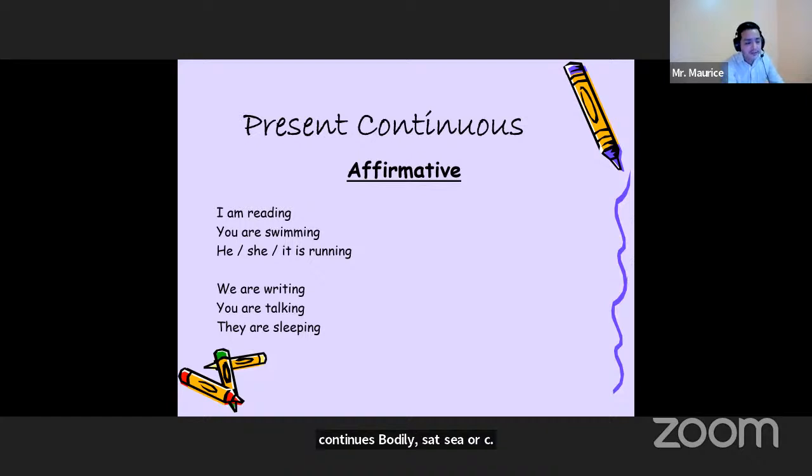Lo segundo que lo mencioné hace unos segundos atrás, pues, es el sufijo, el ing. En inglés se lo conoce como ing. Lo podemos ver en cada una de las oraciones. En la primera, observe, reading, swimming, running, writing, talking, sleeping. ¿Ok?